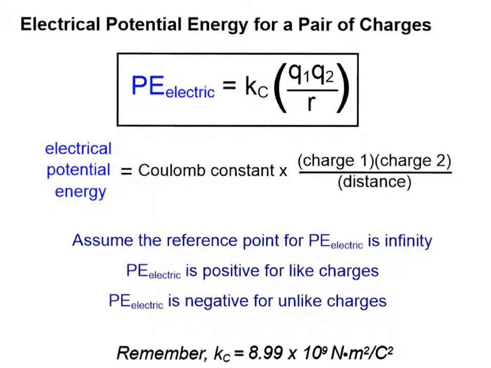As this gets larger and larger, this approaches zero. Also, the sign convention: electrical potential energy is going to be positive if the two charges are alike, and electrical potential energy is going to be negative if the two charges are unlike.